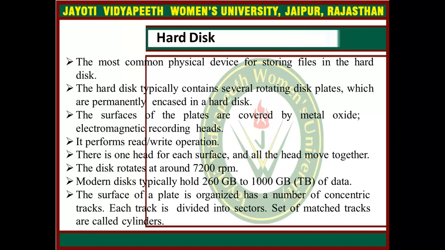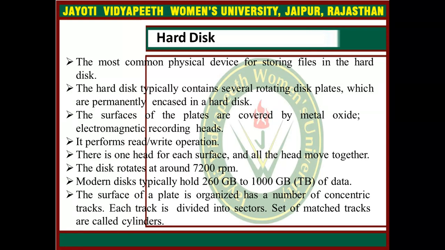Now come to the hard disk. It is the most common physical device for storing files. The hard disk typically consists of several rotating disk plates which are permanently encased in a hard disk. The surfaces of the plates are covered by metal oxides, and electromagnetic recording heads perform the read-write operations.